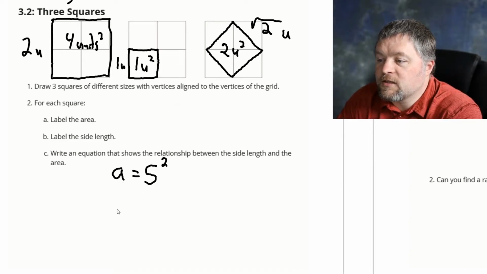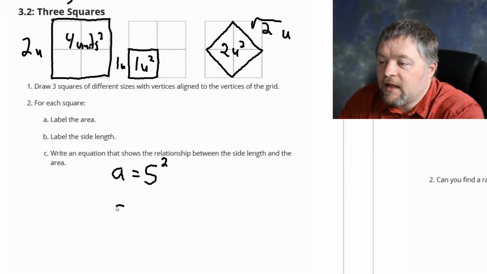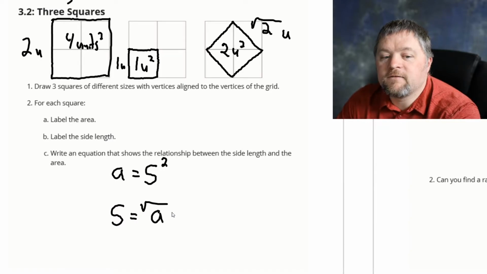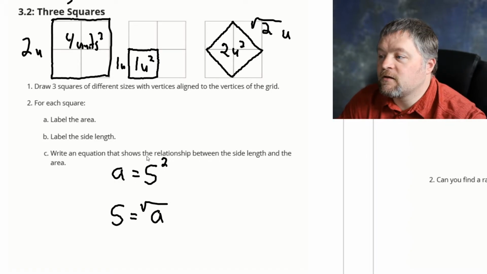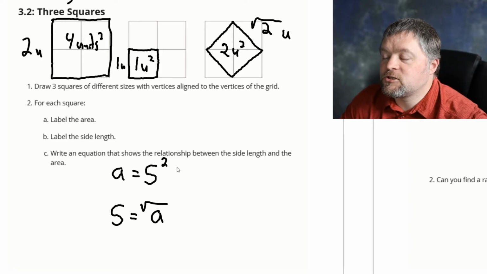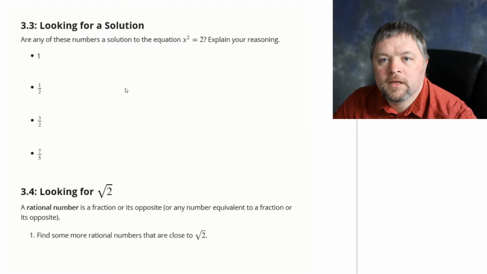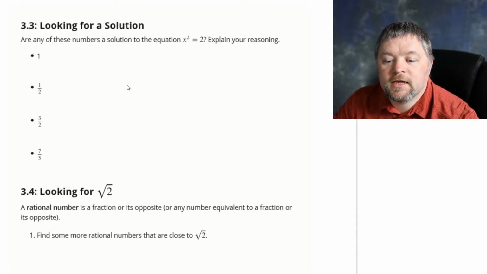Or we could look at this the other way and say the side length is equal to the square root of the area. So that's 2 different ways we can write an equation showing the relationship between side length and area.